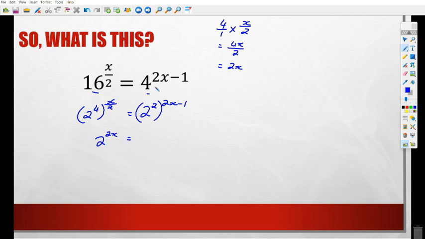And over here, guys, please, this is a very common mistake. This 2 is multiplying not only with the first term, but with the second term as well. So here I've got 2 to the power of 2 times 2x, which is 4x, and 2 times the negative 1 as well, which is negative 2.